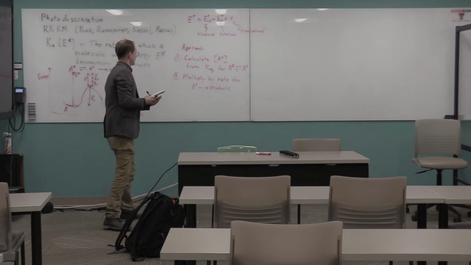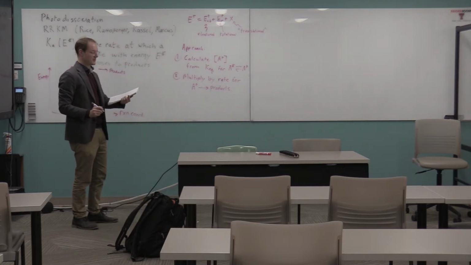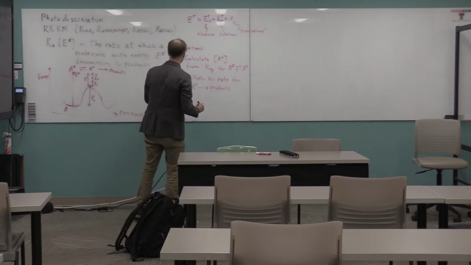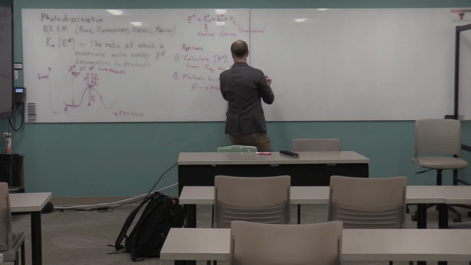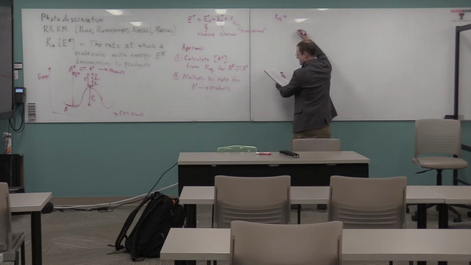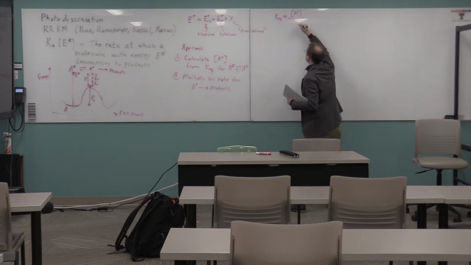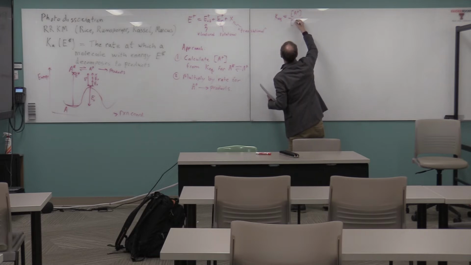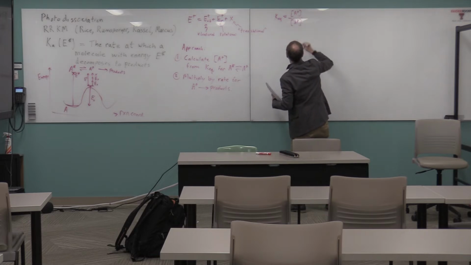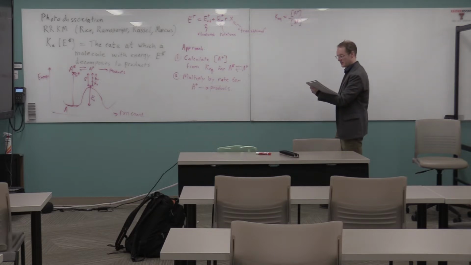So this first part, how do we do that? Well, we're going to use statistical mechanics arguments. So this equilibrium constant is going to be defined as the ratio between the A plus configuration and the A star configuration, right? How many molecules are in this configuration versus this one.